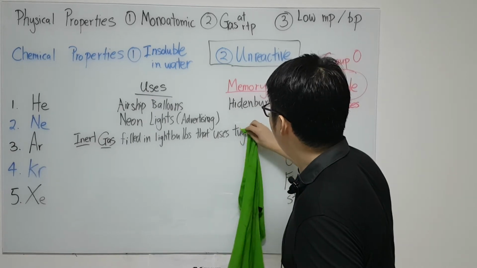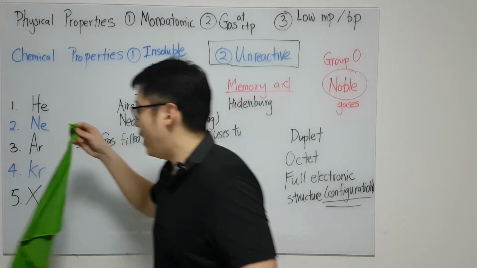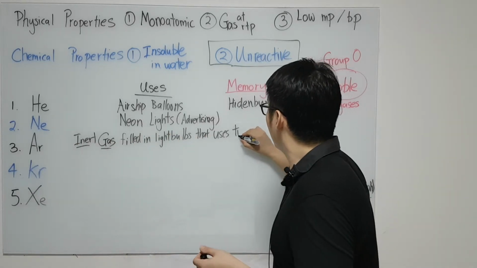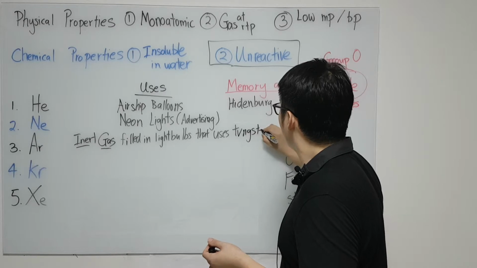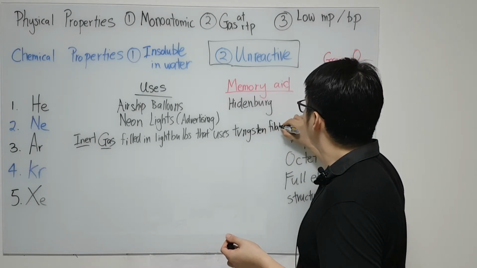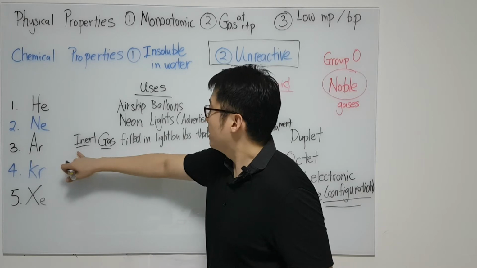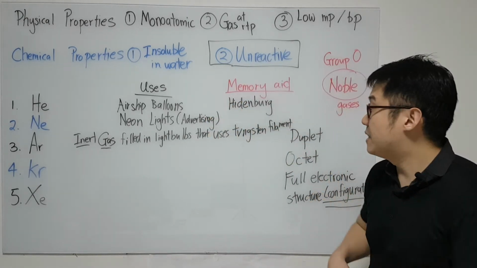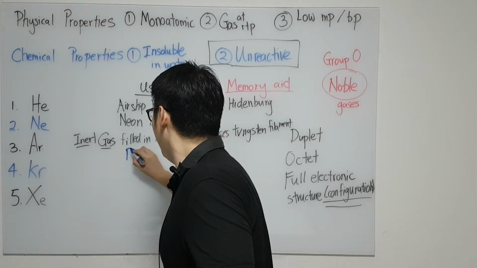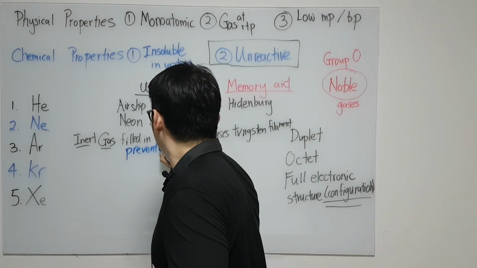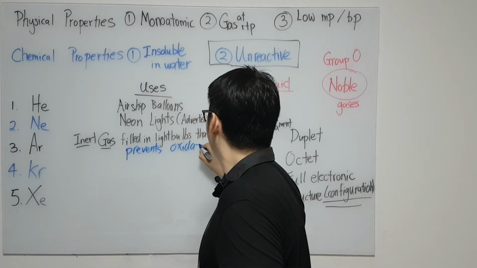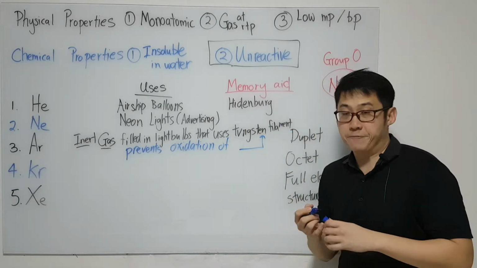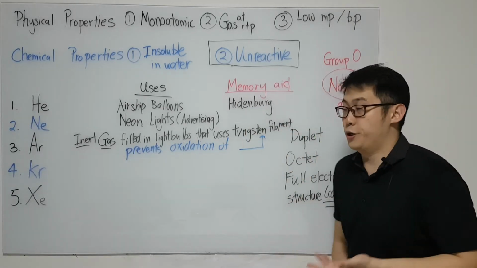Tungsten, that's TUNG. What happens is, because argon is very inert, when it's filled in the light bulb, it prevents the oxidation of your tungsten filament at heat, under hot temperature.